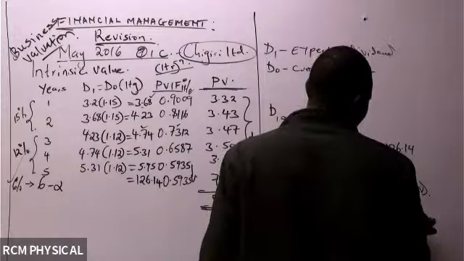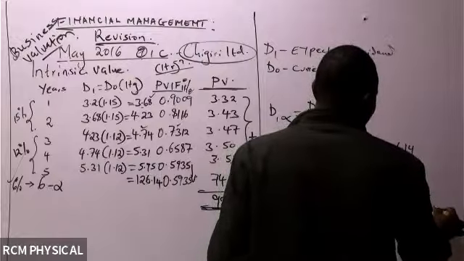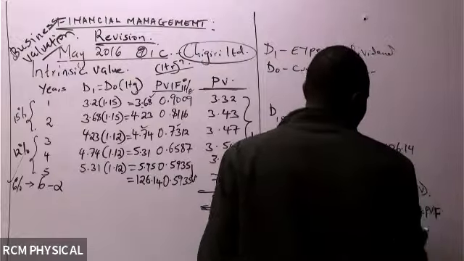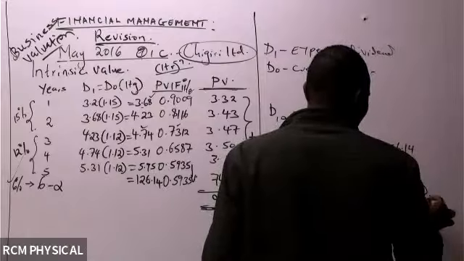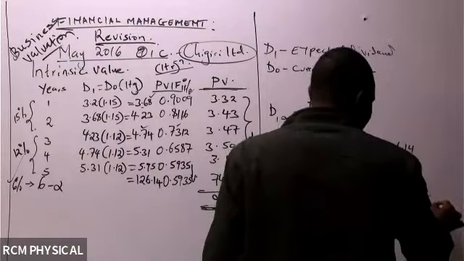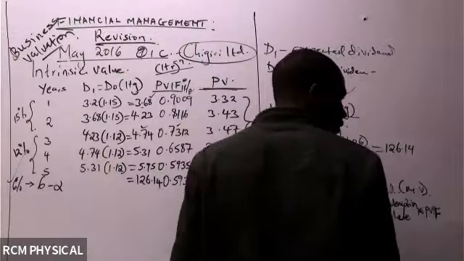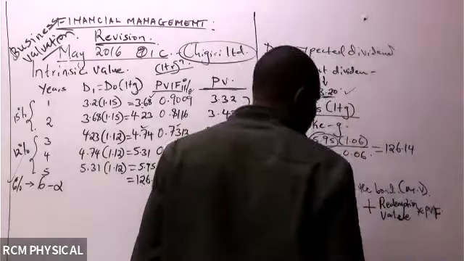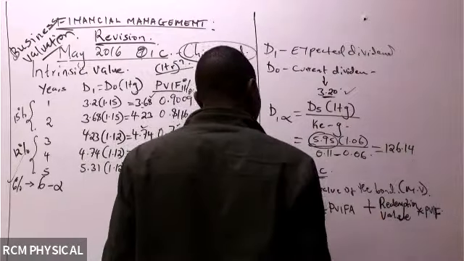We say it's redemption value times PV because it will be redeemed at the end of the maturity period. At the end of the maturity period, the redemption value is received. That's why we are discounting using PV. It's a one-time value.